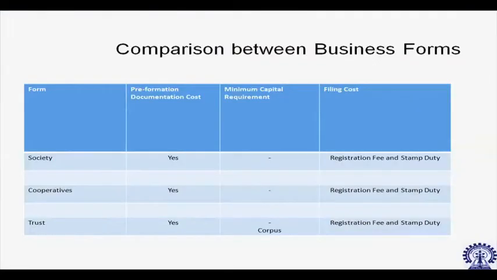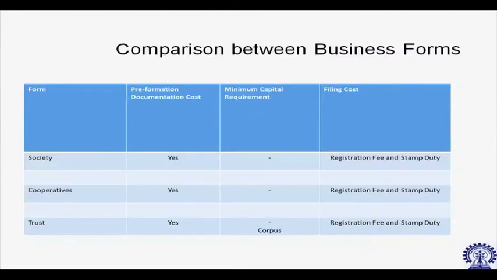Though you are not required to have a minimum capital for the society, you need to pay the registration fees as well as the stamp duty if it has been prescribed by that state or by that particular registrar. But in case of the society, again the fees are not very high. In comparison, I think in case of LLP the cost is more than the society.